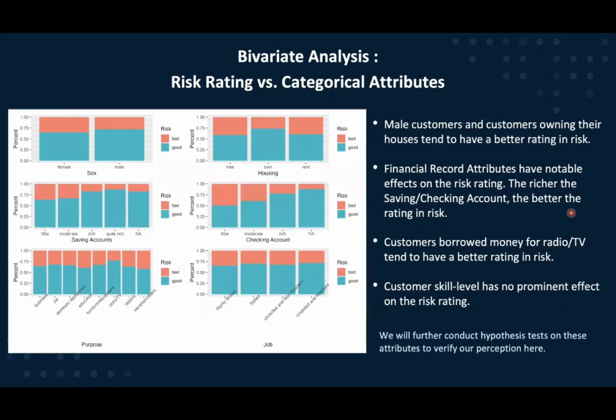Then here's an overview of our following analysis between the different attributes. But firstly, we give the definition of the risk, bad or good. The following attributes are sex, saving accounts, purpose, housing, checking account, and job.